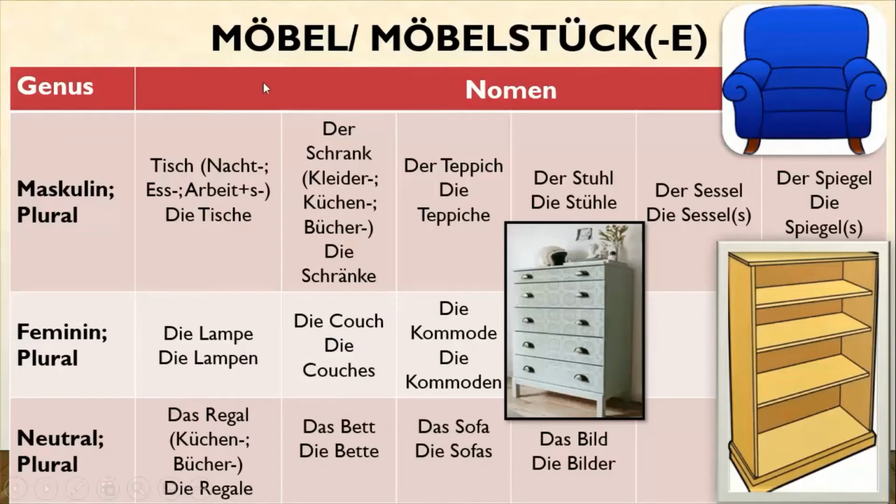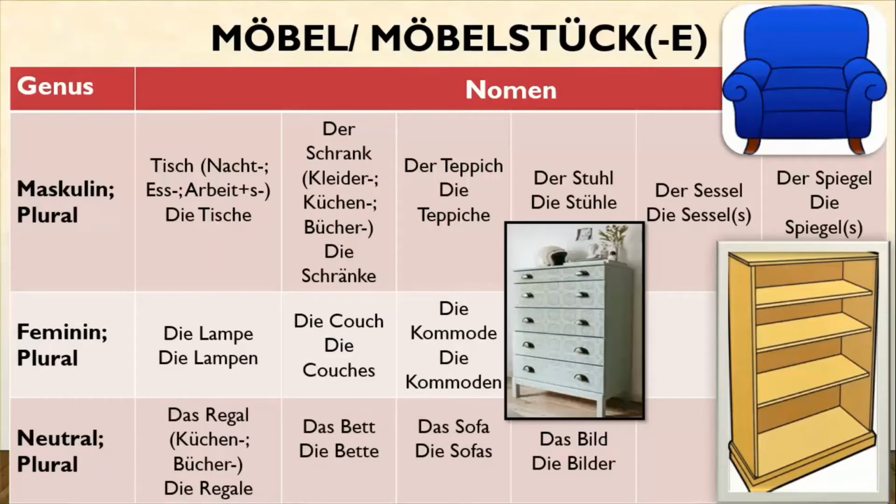But note that, as I've mentioned before also, and I'm now repeating this, most German nouns are compound nouns. So you can see a word Nachttisch also, which literally translated means the night table, because Nacht is night, but actually it means the bedside table. So we have der Nachttisch.